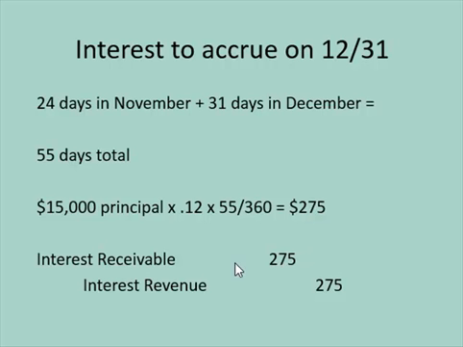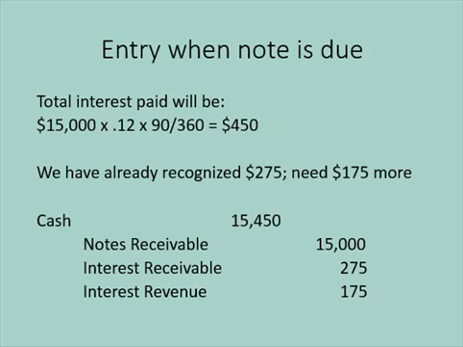So we'll debit interest receivable for the amount of interest owed to us as of this point and credit interest revenue. So when the note is due on February 4th, the customer or company that owes us the money will be repaying the principal balance of $15,000 plus all of the interest for the 90 days.